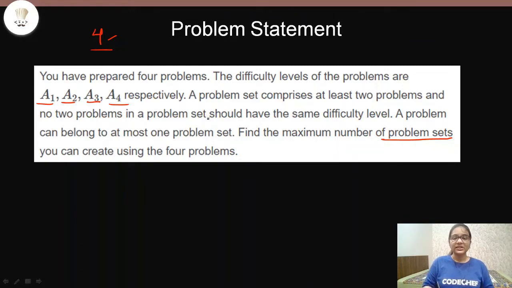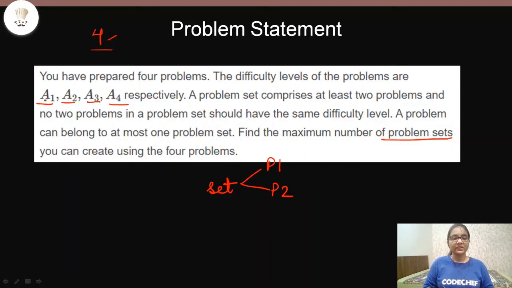So the condition is that each problem set must contain at least 2 problems. A problem set cannot have a single problem, it should contain at least 2 problems, and also the problems that are there, like P1 and P2, whatever problems we have selected, should not have the same difficulty level.